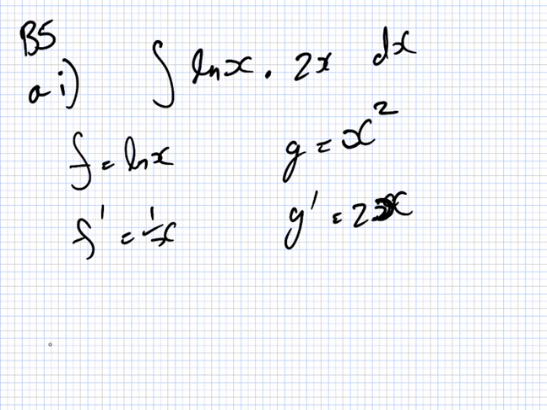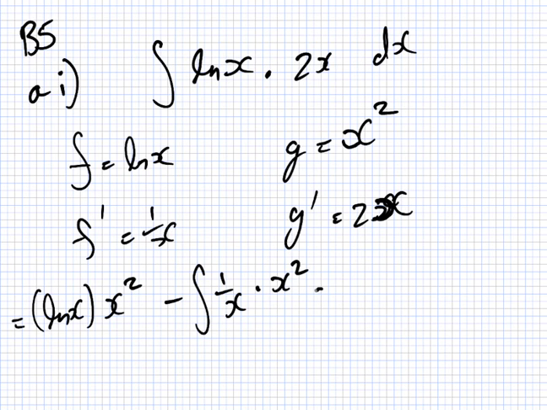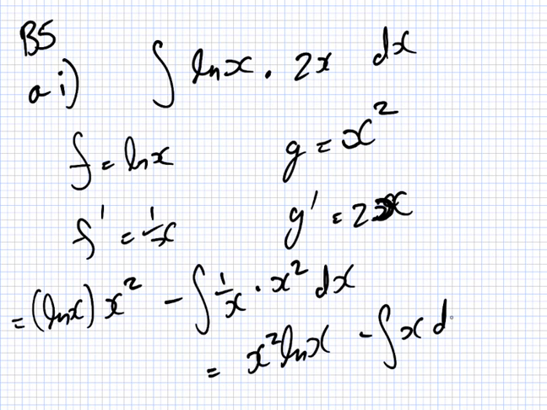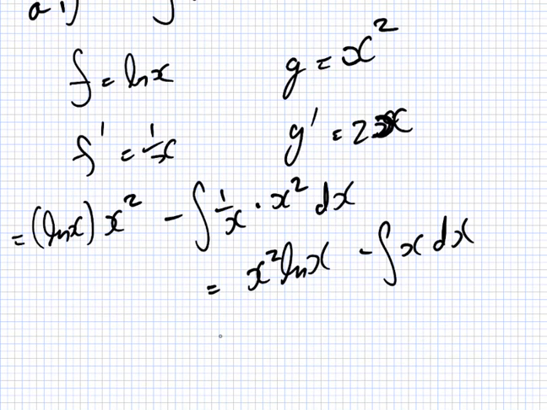Okay, so the rule is this is equal to f g minus f derivative g, which is equal to x squared log x minus integrate x, which is what? It's x squared over 2 plus c.